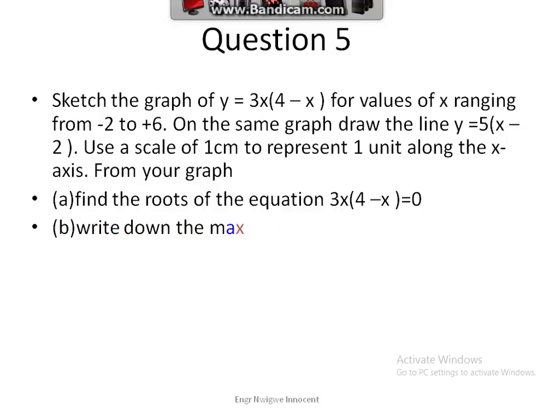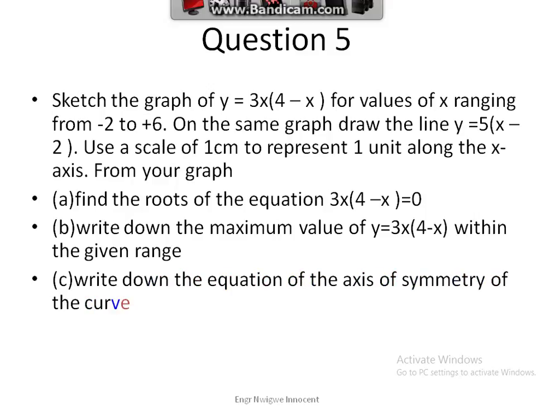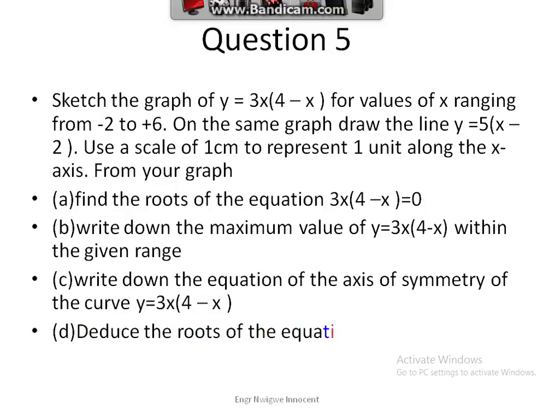B, write down the maximum value of y equals 3x(4 minus x) within the given range. C, write down the equation of the axis of symmetry of the curve y equals 3x(4 minus x). D, deduce the roots of the equation 3x(4 minus x) equals 5(x minus 2).